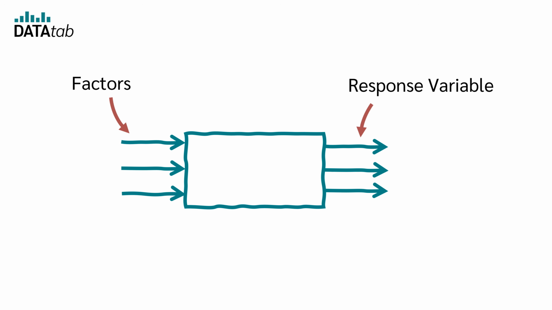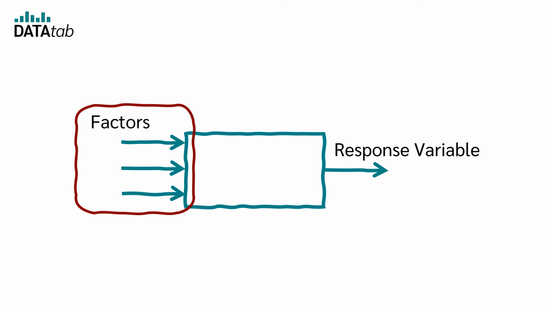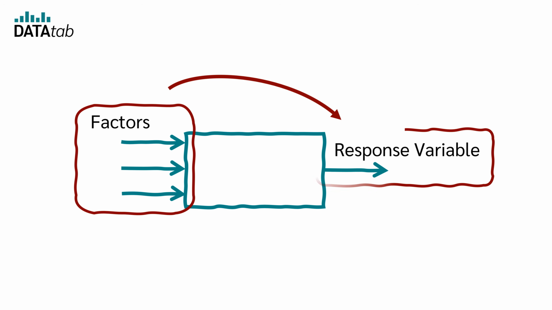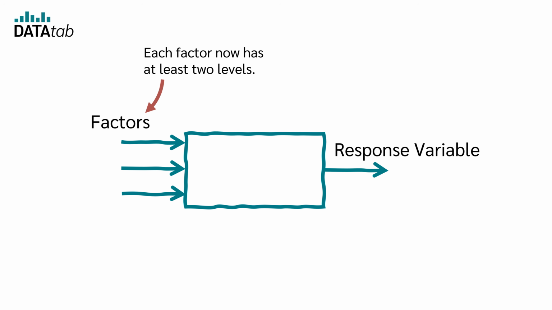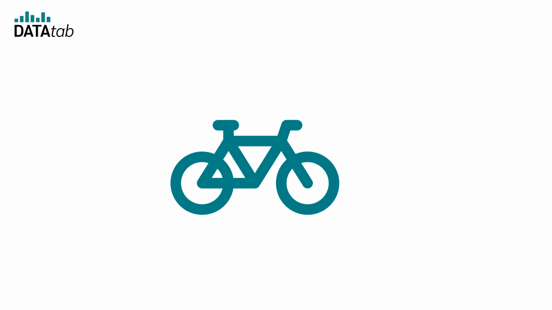Of course, there can also be several response variables. Therefore, factors are the variables believed to affect the response. Each factor now has at least two levels. These levels are the specific values a factor can take. And we want to find out whether a change in the levels of the factors has an influence on the response.